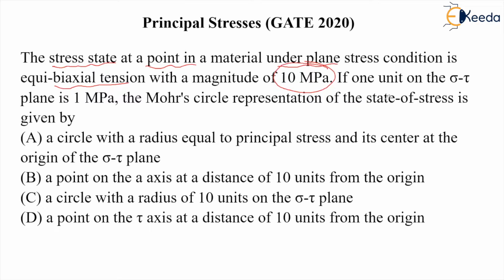It means that the stress condition is like this: 10 megapascal stress is applied in the x direction and 10 megapascal in the y direction. So this is given to us, right?